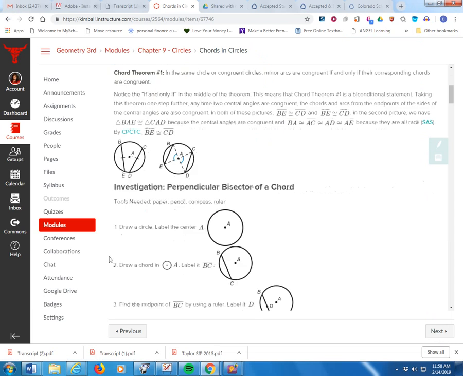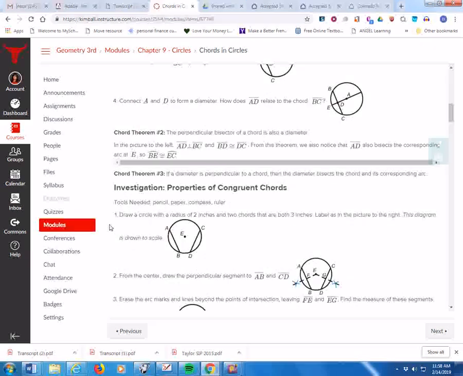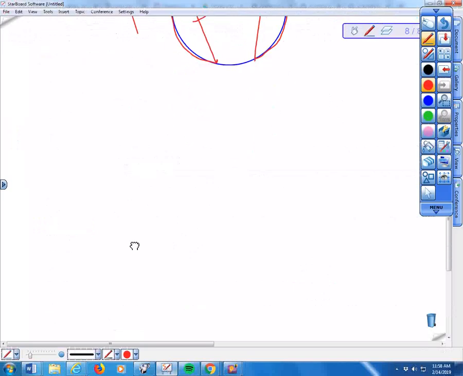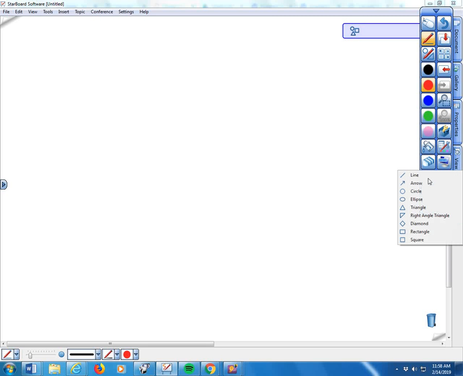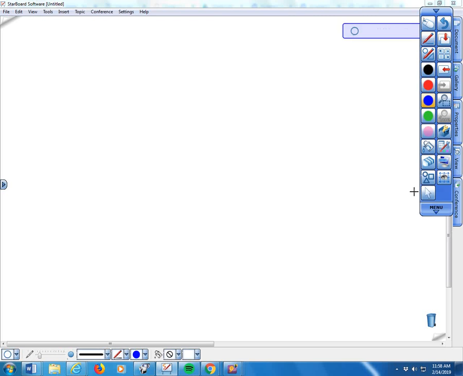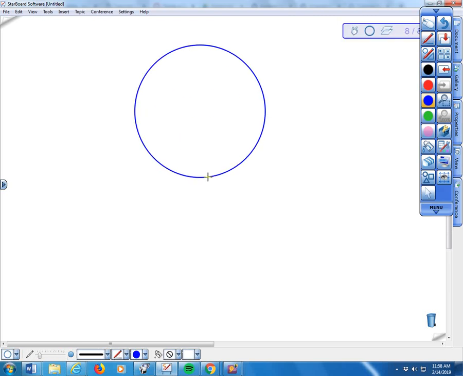Second one comes right here, which talks about the perpendicular bisectors of chords. So if I have another circle, and I have a chord, and I have another chord that happens to bisect this chord at a 90 degree perpendicular bisector, okay?